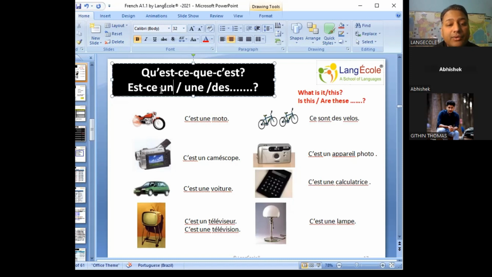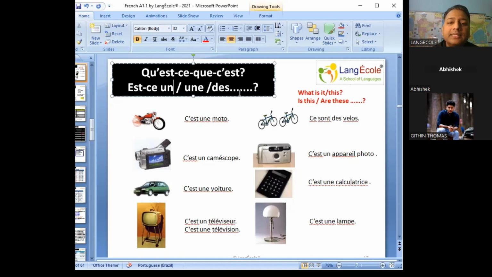Or if the question is est-ce un vélo, showing this picture, then no, ce n'est pas un vélo. We'll go into the negative sentence later on. Let's focus right now on a very simple one so that it doesn't become difficult for you.